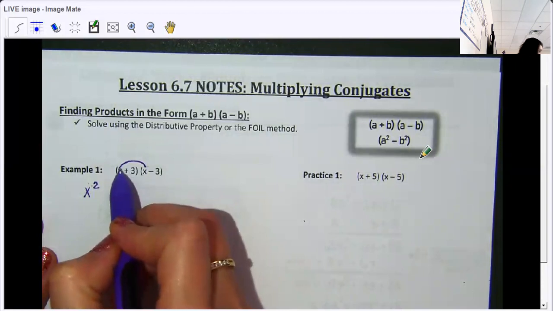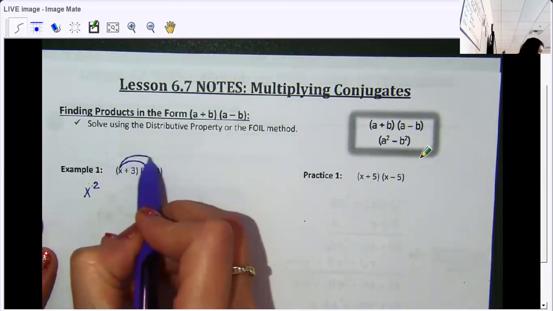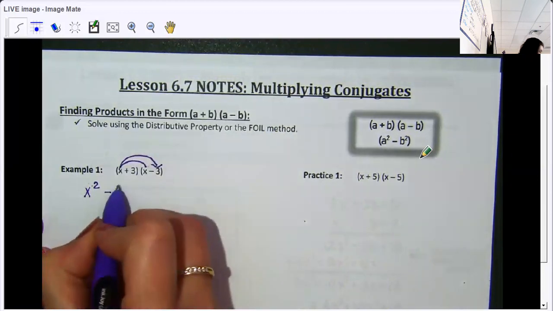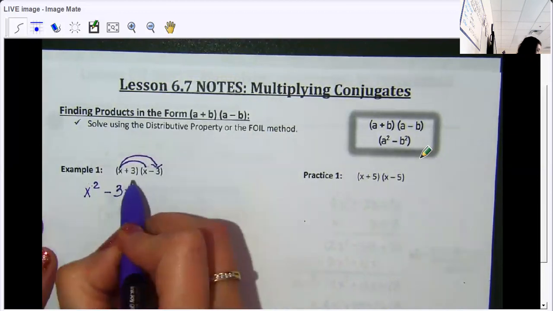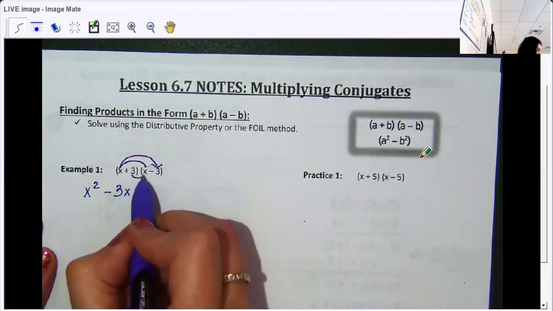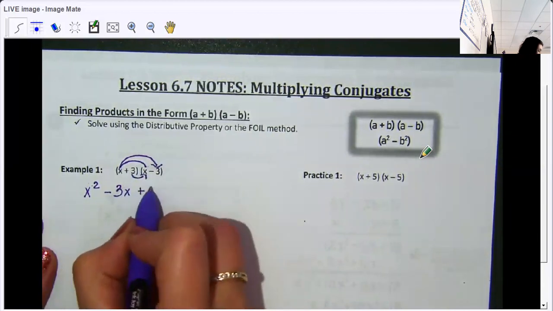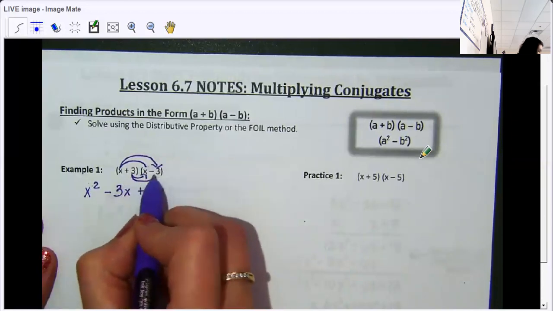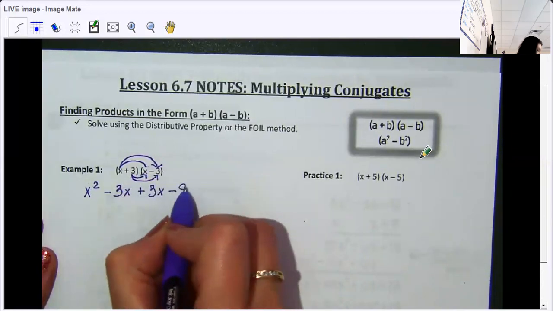Then you multiply your two outer numbers. X times the -3 is -3x. Then you multiply your two inner numbers, which is a positive 3x. And then you multiply your two last terms, which gives you a -9.